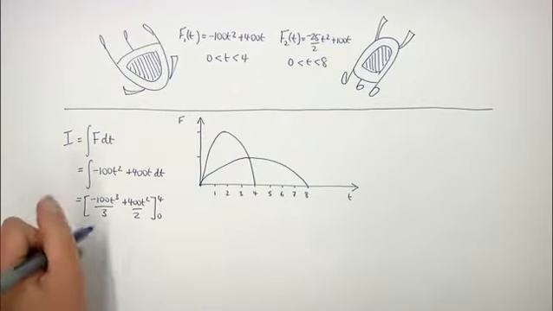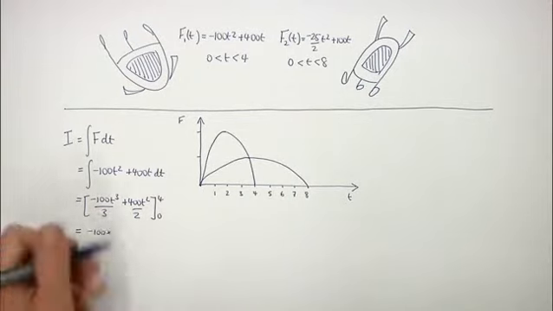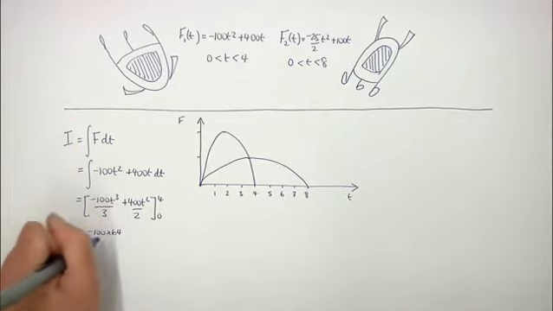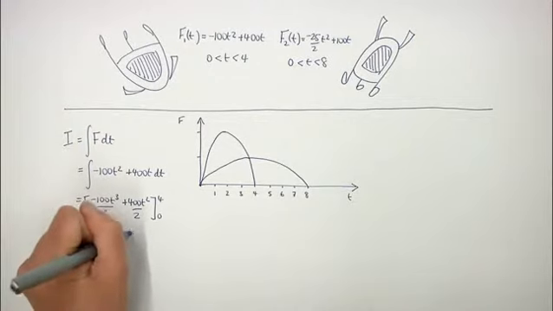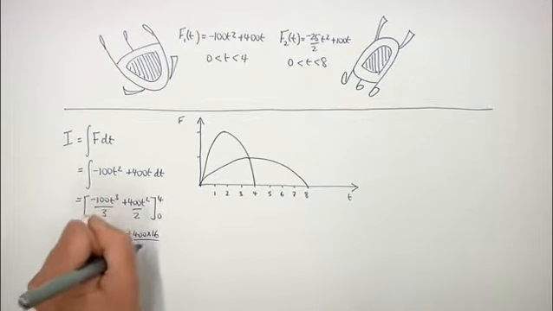So putting the numbers in, that's minus 100 times 4 cubed, which is 64, divided by 3, plus 400 times t squared, which is 16, divided by 2.